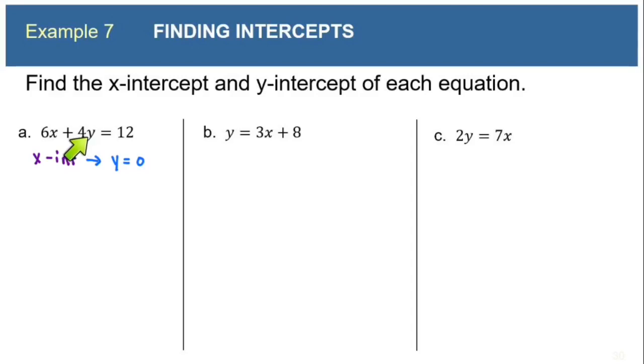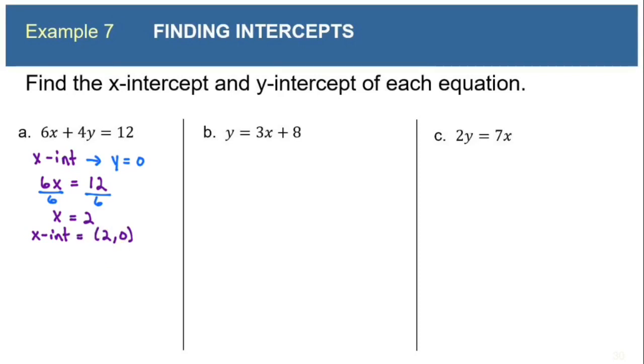If we do that here, 4 times 0 will be 0, and so all that's left will be 6x equals 12. So basically, when you plug in 0 for y, the y term is going to disappear, and what's left will be the x term and the constant. And now to solve this, we divide both sides by 6, and we get x equals 2. So if x is 2 and y is 0, then the x-intercept is at 2, 0.